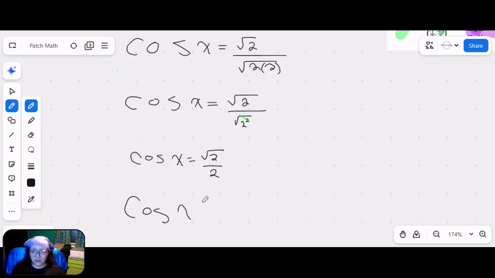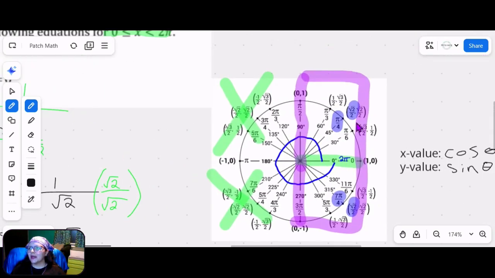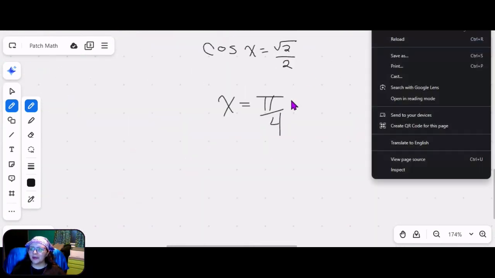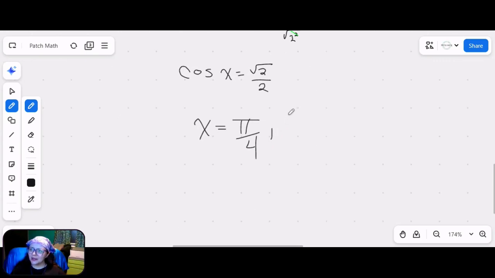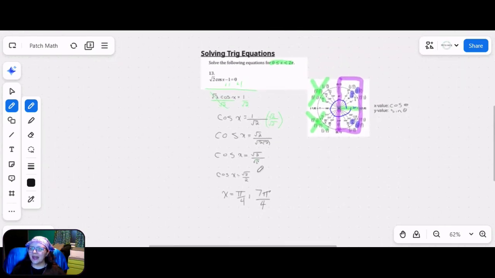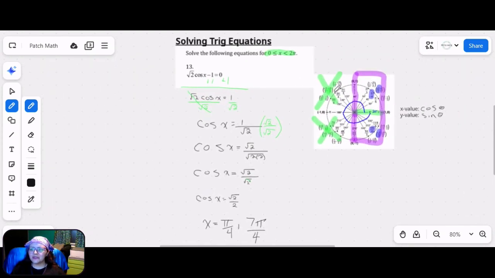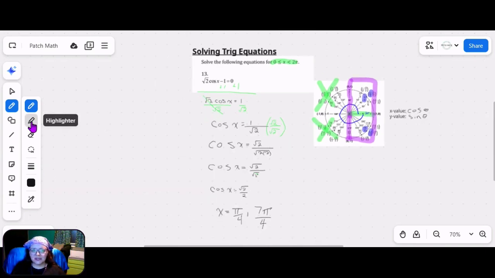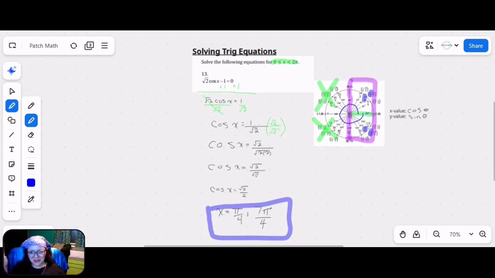I just need to write x equals pi over 4, our angle, and 7 pi over 4, and we are done. Zooming out, that is how you solve trig equations using your unit circle. Thank you so much for your time.